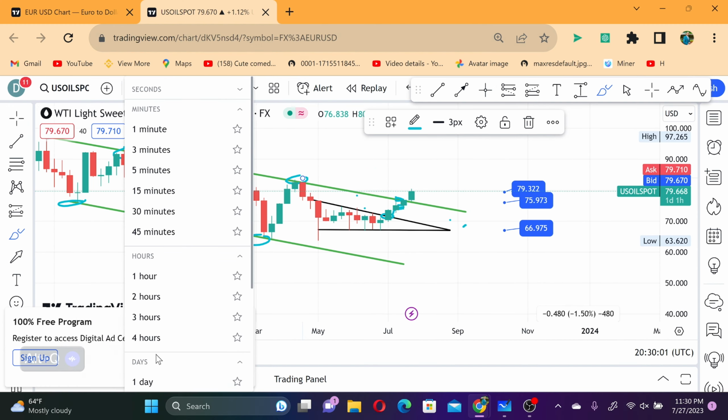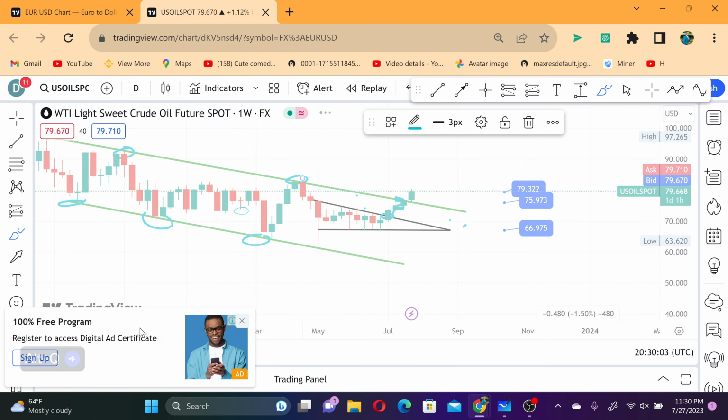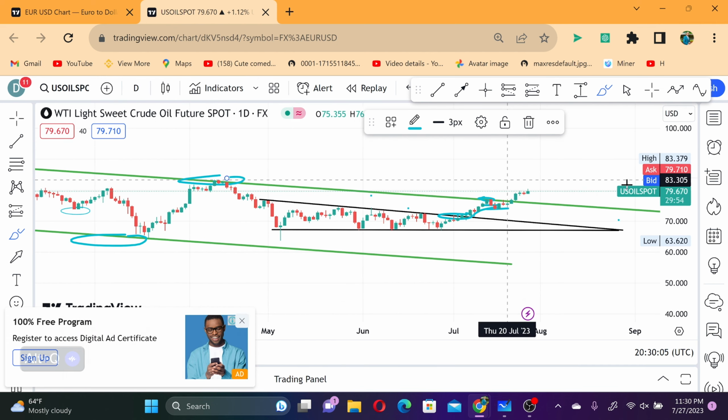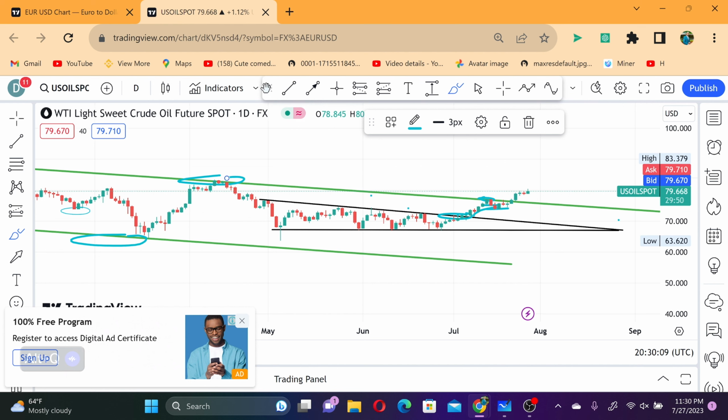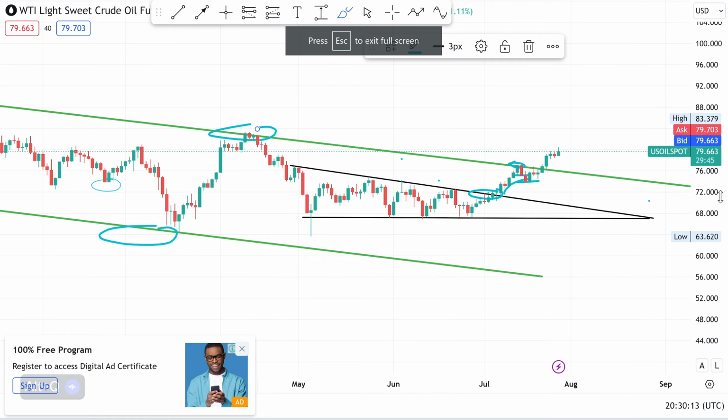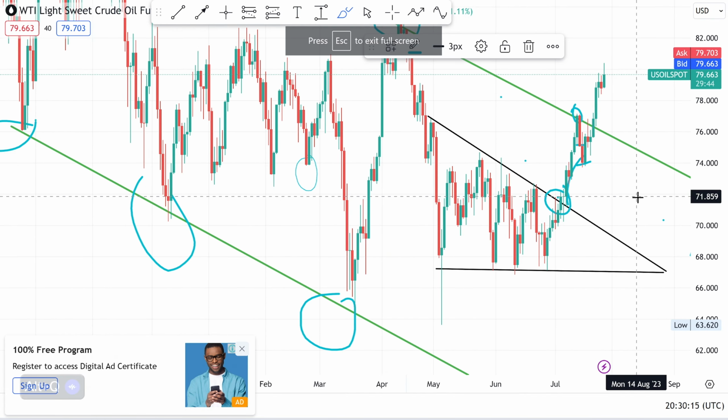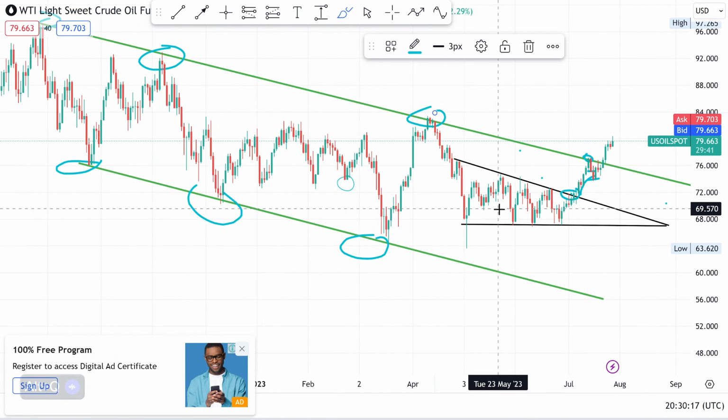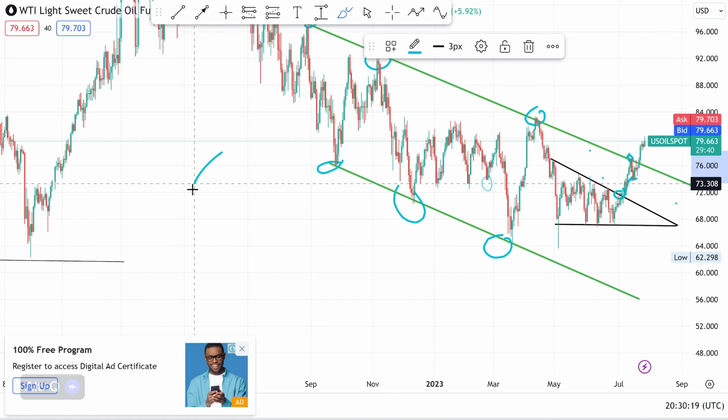Now, let me go to the 1-day time frame. I'll show you how you can navigate through this. It's the same thing. I hope you can see. If your phone screen is showing it small, make sure you expand it so you can see well. Now you can see we are seeing things clearly right over here.